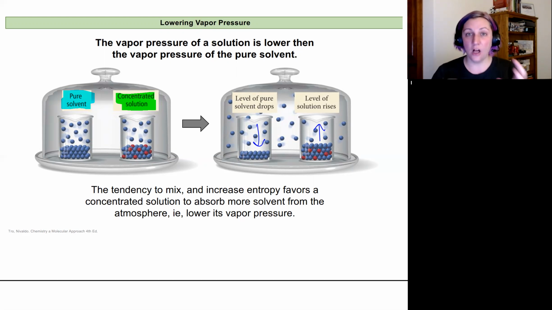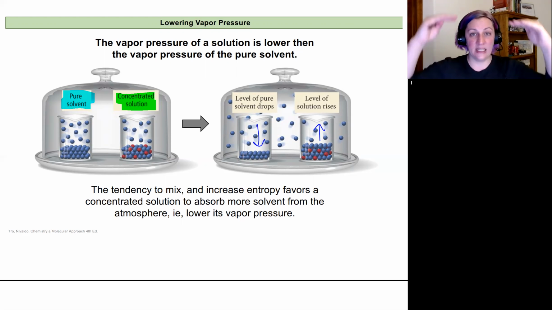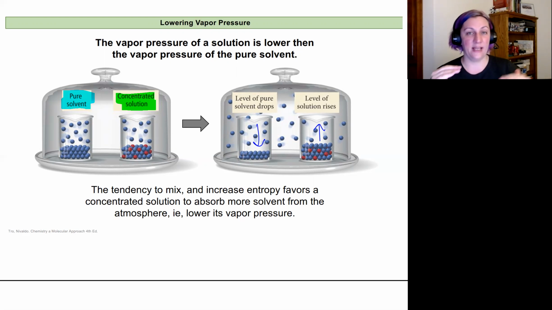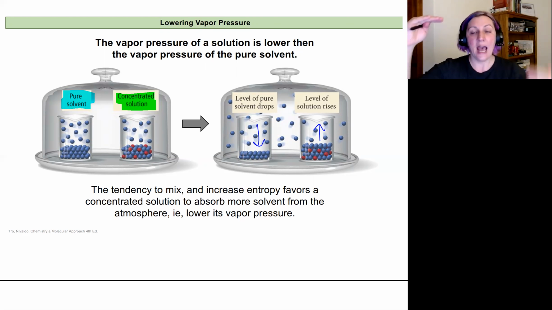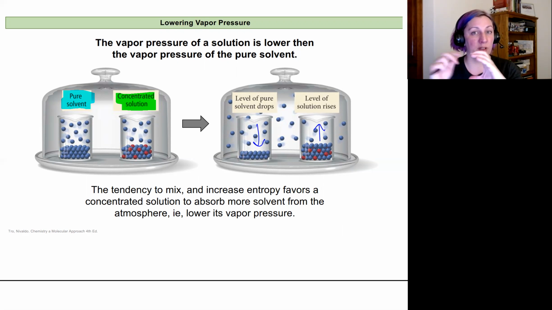So the solvent particles are going to be in the gas phase and also in the liquid phase. And the ones that are in the gas phase, as they crash into the surface of our solution rather than the pure substance, that concentrated solution with the solute particles will want to mix more and dilute that concentration. And so those particles are going to be more easily captured by the solution liquid phase.